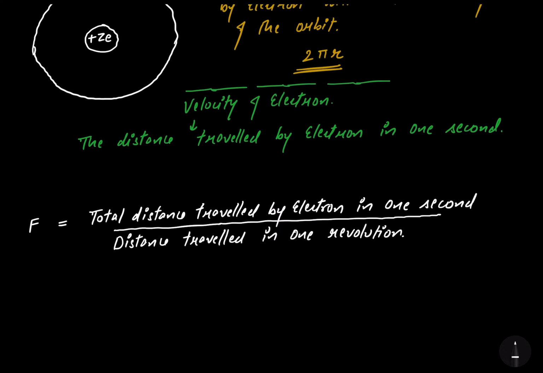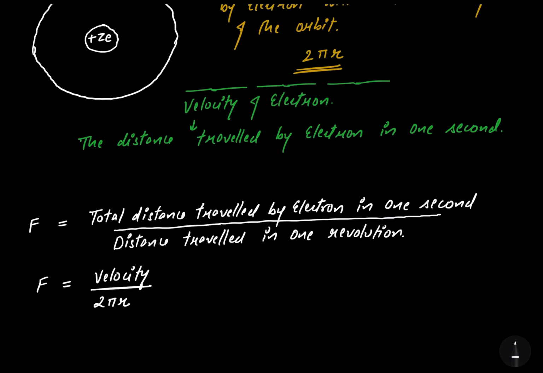So frequency comes out to be the total distance traveled by electron in 1 second, which is called velocity of the electron, divided by distance traveled in one revolution, which will be the circumference. It comes out to be 2 pi r. So that's the formula for the frequency of revolution of electron around nucleus.